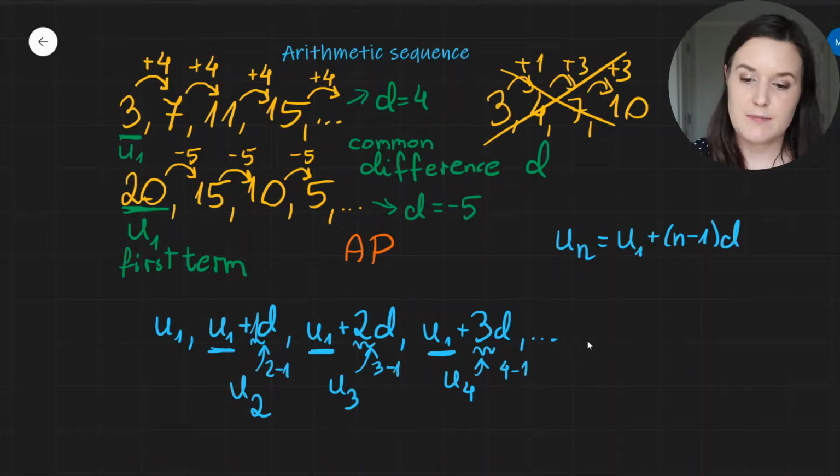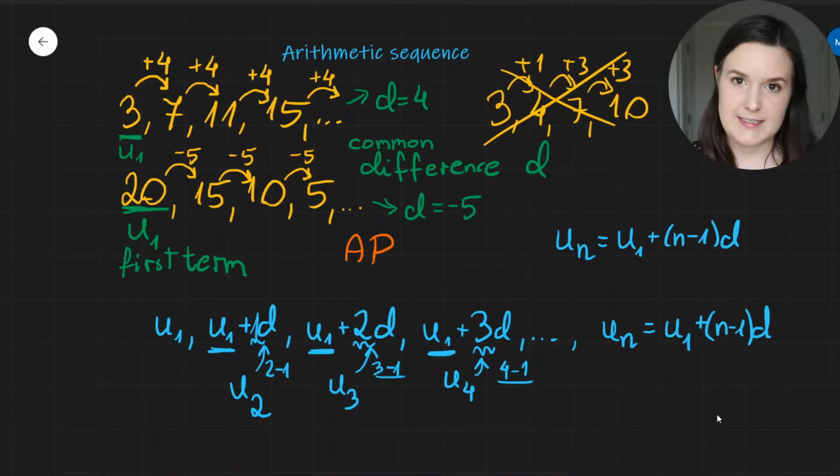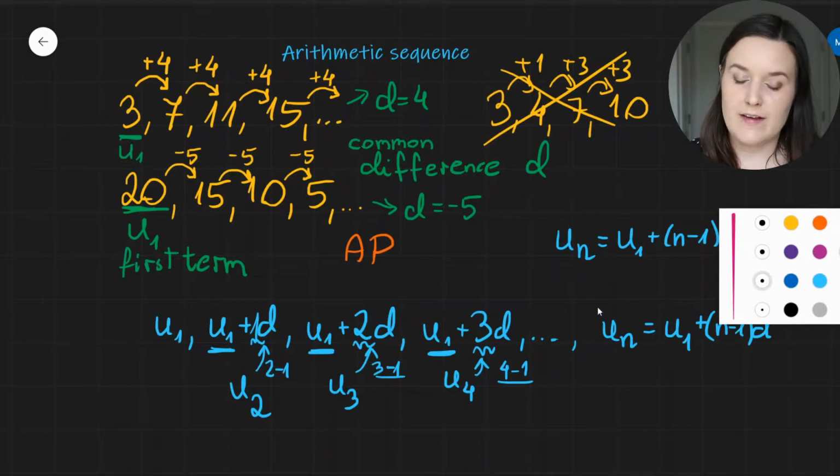So following this method, to create the nth term, I have to take U1, the first one, and add how many differences? I can see that I have to take n minus 1 differences. So I can use this general formula if I deal with arithmetic sequences.